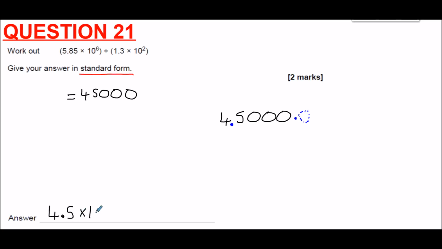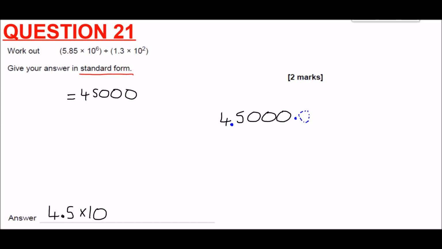Then we multiply by 10 to a certain power. If it's a big number, 10 or more, it's a positive power of 10. If it's a small number, for example less than 1, it'll be a negative power of 10. 45,000 is a big number, and so it's going to be a positive power of 10.